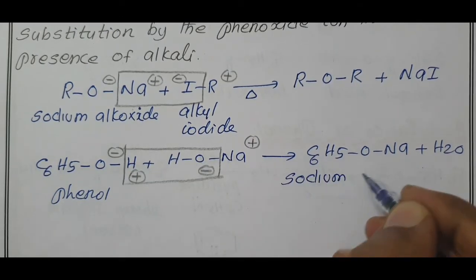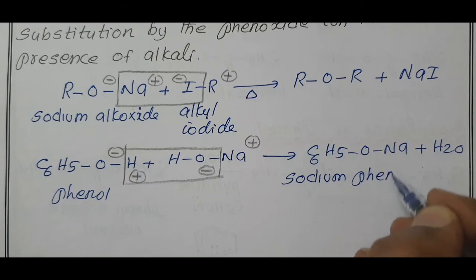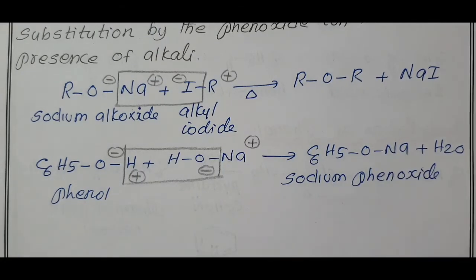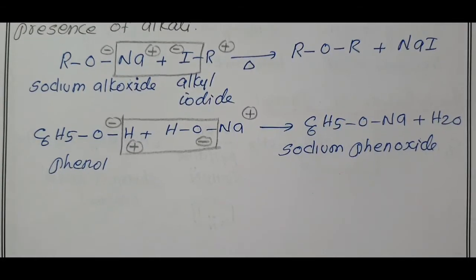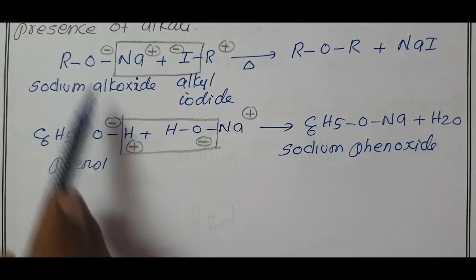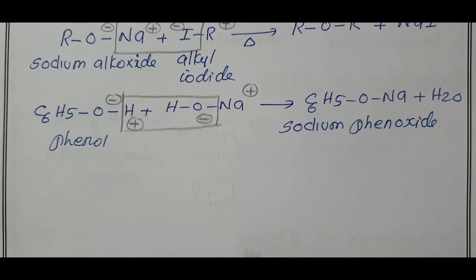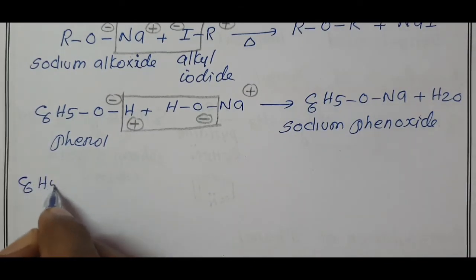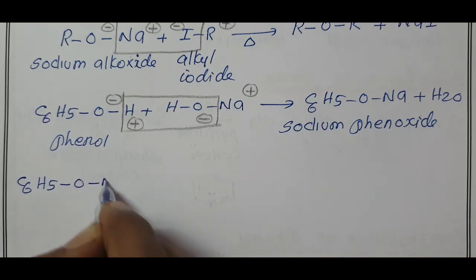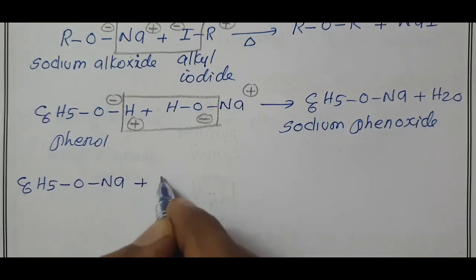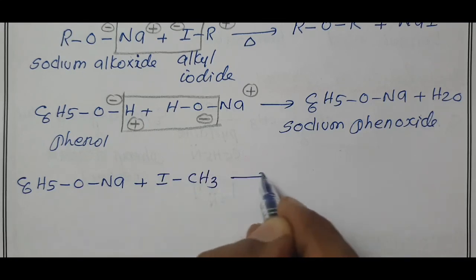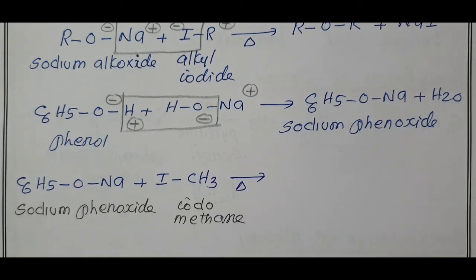Sodium phenoxide: the phenyl group, oxygen attached to a metal, is called oxide. This sodium phenoxide is the starting material for Williamson ether synthesis. Our sodium salt is now sodium phenoxide. I take here C6H5ONa, which undergoes nucleophilic substitution reaction with methyl iodide on heating.